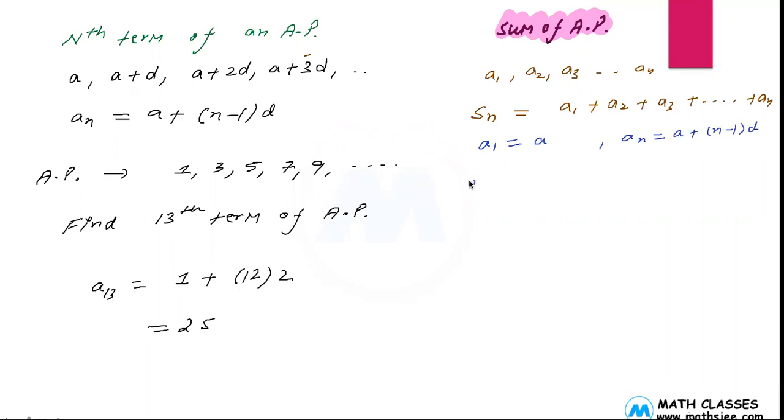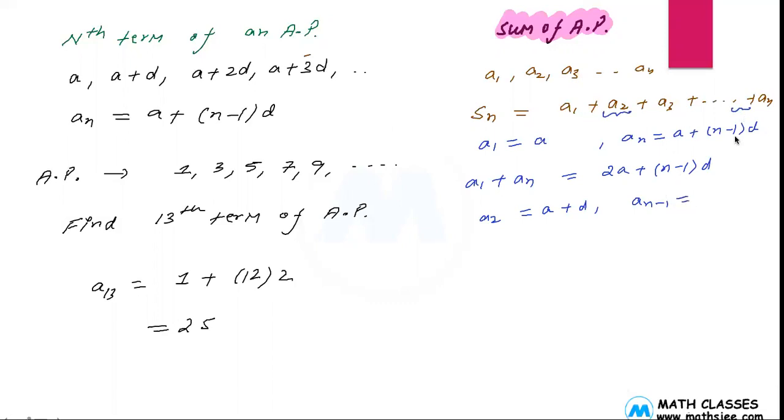So let us try to add a1 and an. This is 2a plus n minus 1 into d. Now similarly, we have a2 equals a plus d and a(n minus 1). So we are taking the first term and the last term, then the second term and the second last term.